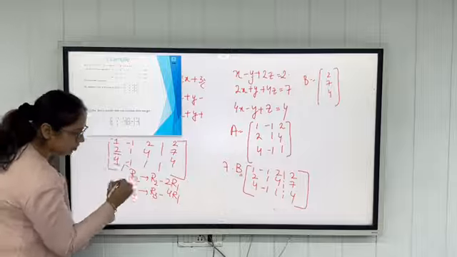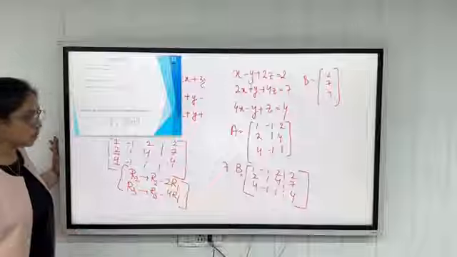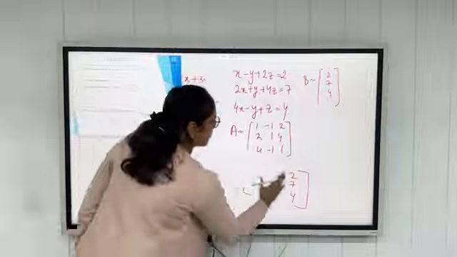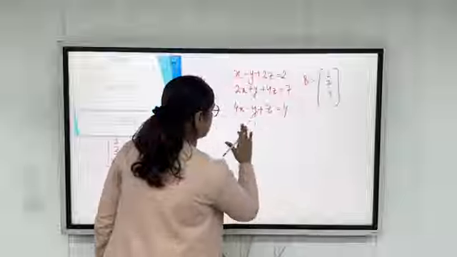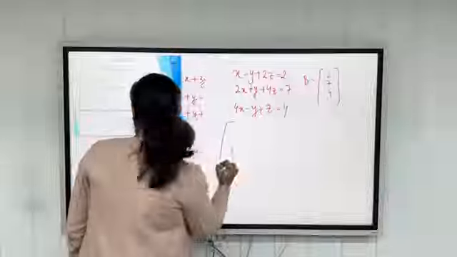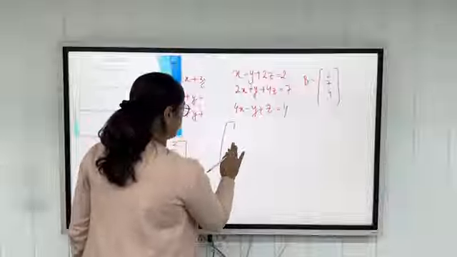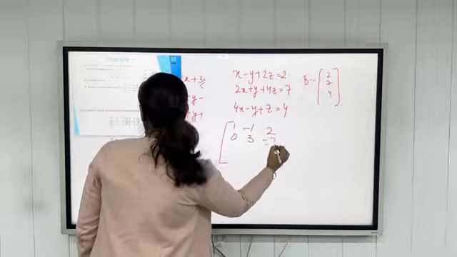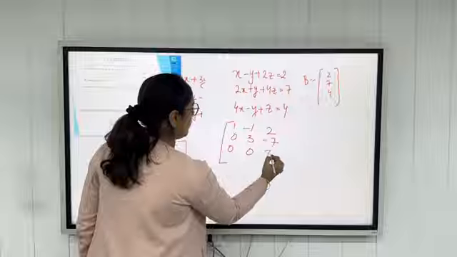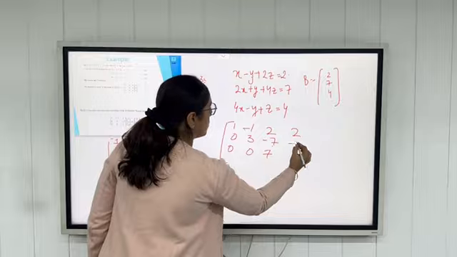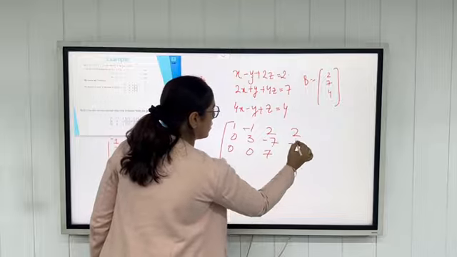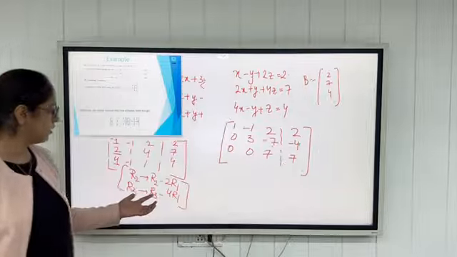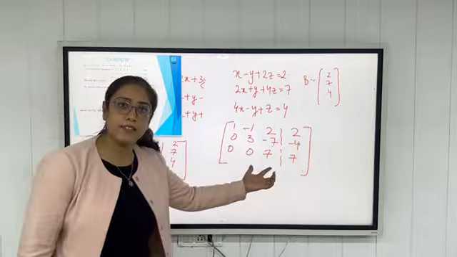So I will apply these row operations, and by applying them you will get 1, -1, 2, 0, 3, -7, 0, 0, 7, and 2, -4, 7. You can apply this and you will see, you will get this form.